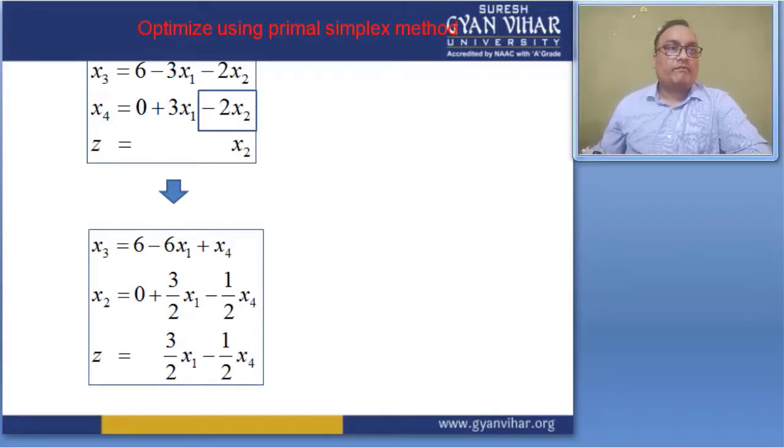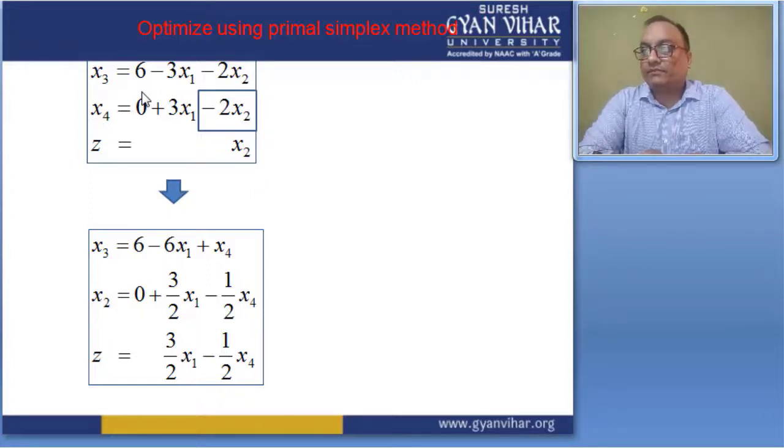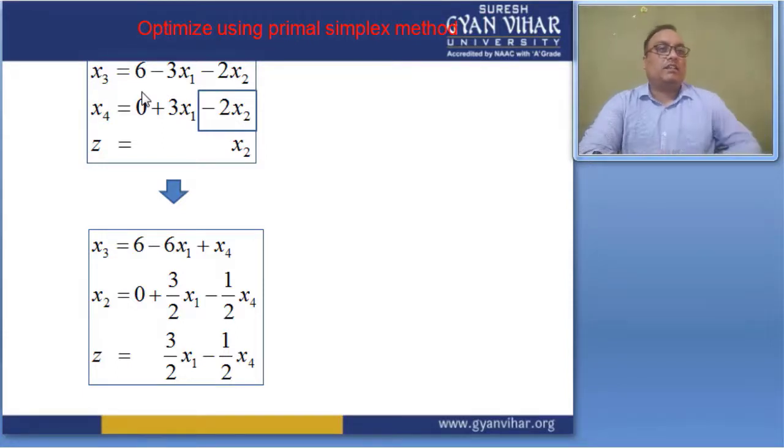So here we have seen x3 equal to 6 minus 3x1 minus 2x2, and similarly in the other case, in the place of 2x2, put here the x4 value, right?